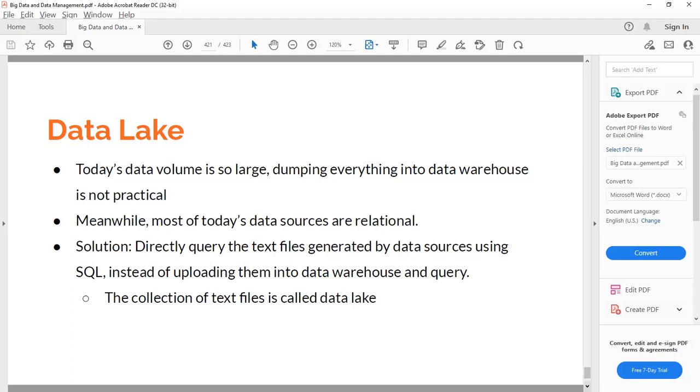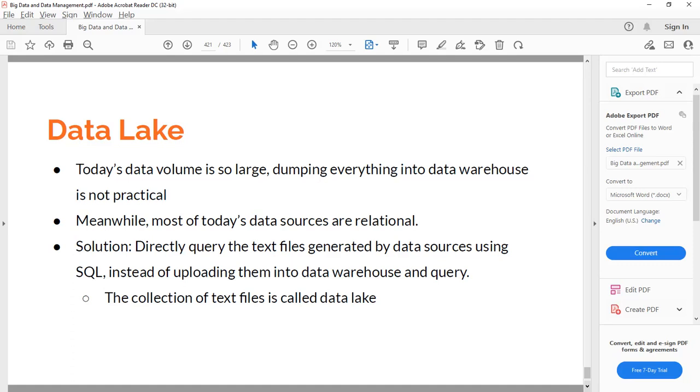If you look at the data feeds these days, there are more and more text files coming in, which look just like a relational data set, maybe with some change, but usually this can be considered relational, or at least you can apply some relational data operations to it. So the solution is, instead of dumping all the text files into a data warehouse, we treat these text files as if they are database tables and directly query them using SQL.